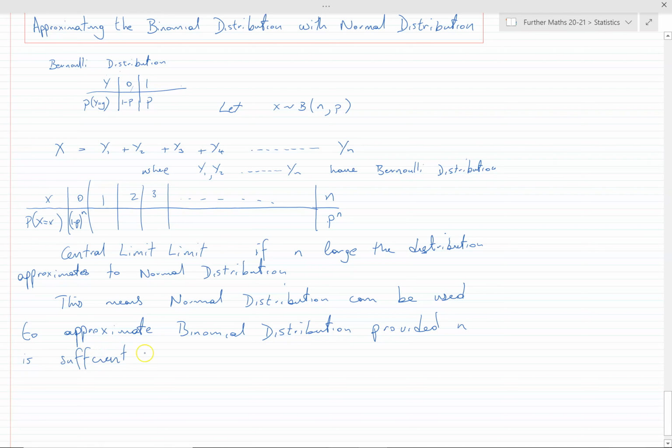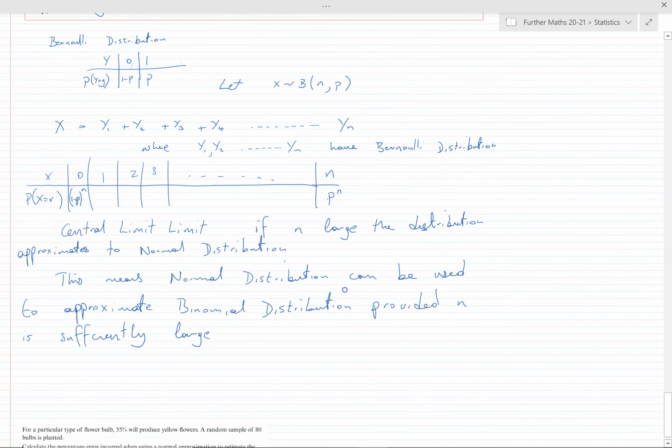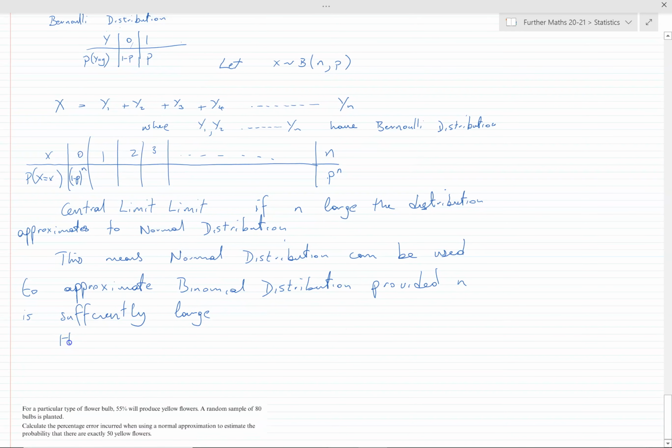Right, so basically, how large depends on the value of P.